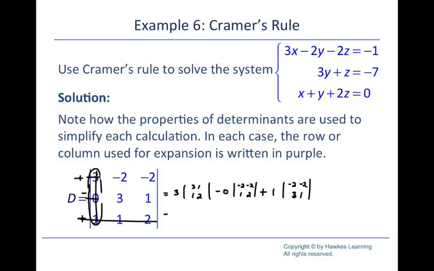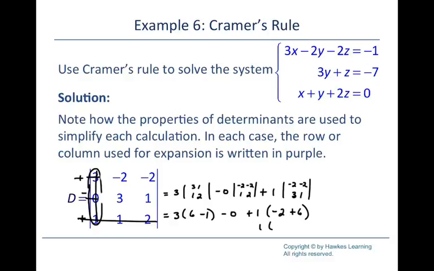Okay. Now we'll calculate these determinants. So we're going to go through and we'll have 3 times, multiply on the diagonal, 6 minus 1. Minus 0 times anything is 0. Plus 1 times negative 2 times 1, minus negative 6, so that's going to be plus 6.